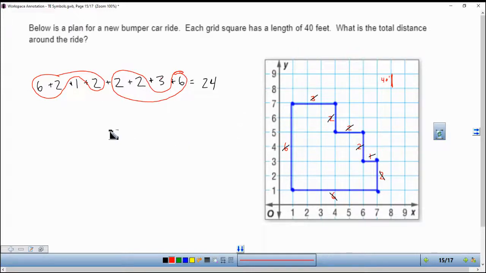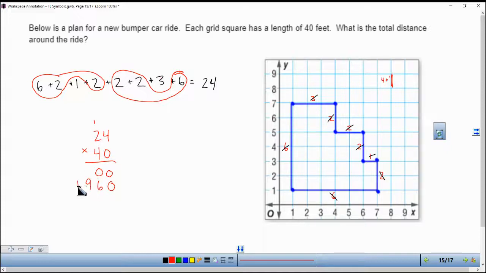Now, we're not done because 24 is how many side lengths, but each one stands for 40, so we're going to have to multiply that 24 by 40 to get the answer. I'm just going to multiply these through. That's going to be 0 and 0. Placeholder 0 here. 4 times 4 is 16. 4 times 2 is 8, plus 1 is 9.